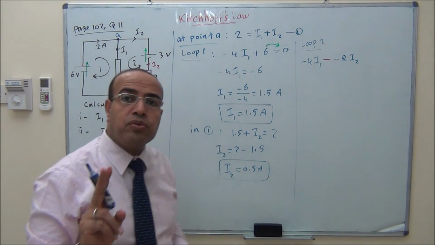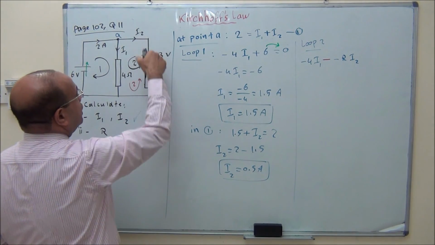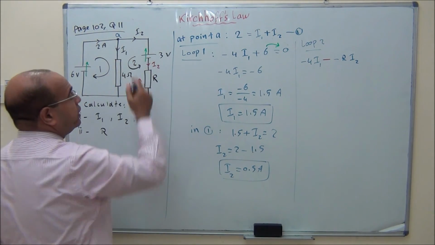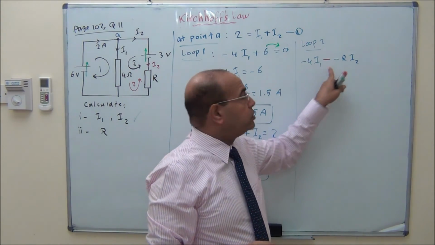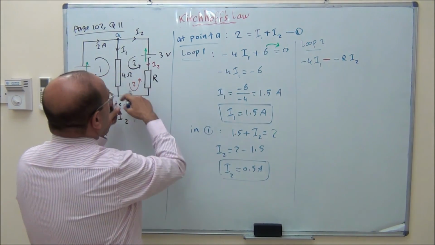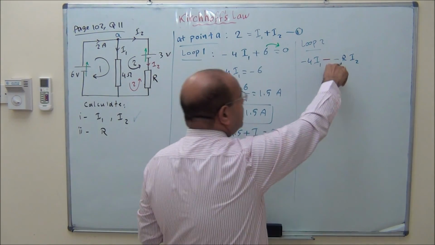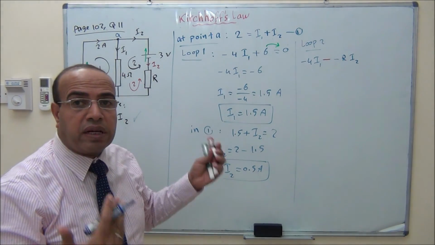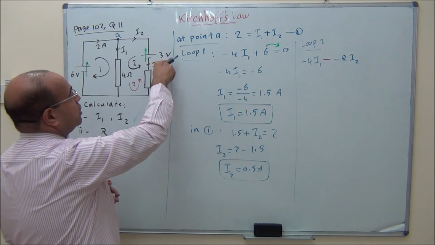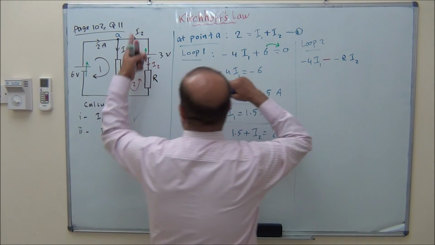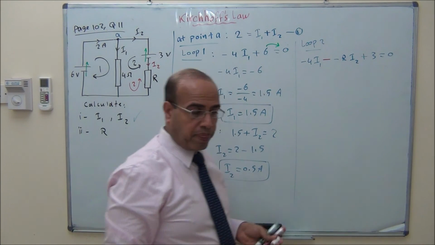Look, we have two negatives. Why? Because in that case, the current I2 is opposite to the direction of the loop. So we don't say minus I2 R. No, we have to add another negative because the current is in the opposite direction of the loop. Then the electromotive force is positive 3 because it's in the same direction. So plus 3 equals 0.